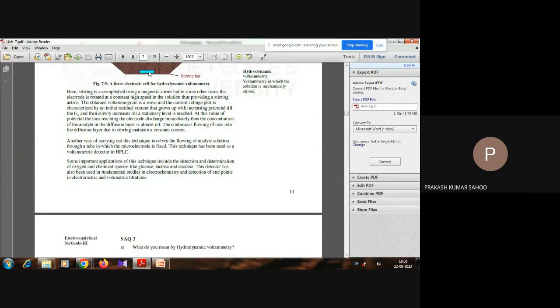But in some other cases, the electrode is rotated at a constant high speed in the solution, thus providing a stirring action, or a mechanical stirrer may be used, and this is all about your hydrodynamic voltammetry.